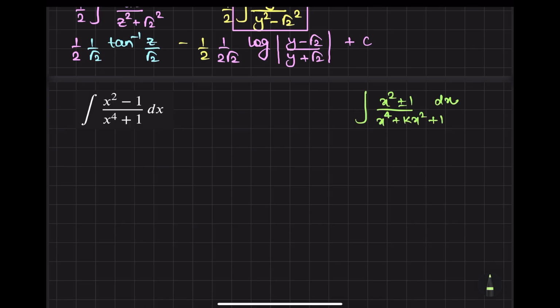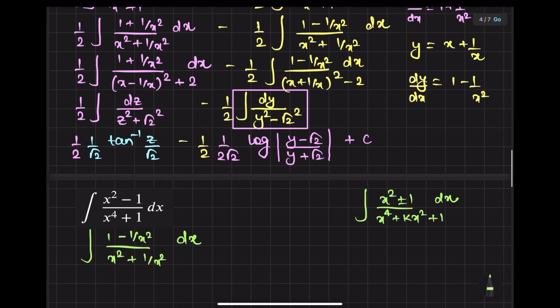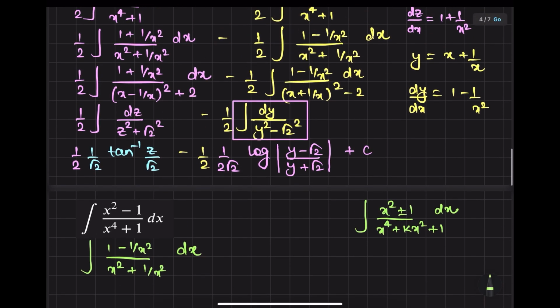Our first step is to divide numerator and denominator by x square. So we got 1 minus 1 by x square, and now we will have x square plus 1 by x square. Now you can solve this question by taking inspiration from this function, and you can handle the question this way.